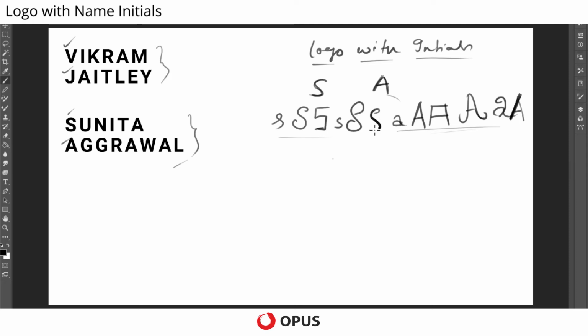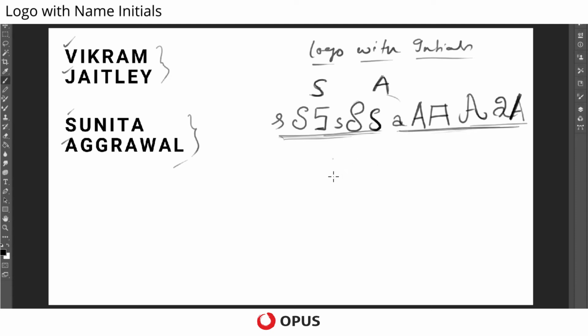These are actually your visual explorations of the number of letters that you can have at your hand, out of which you combine one or two and create a visual in itself. So suppose we look at the structure of the S and the A, so we can combine some of the structures of the A and the S itself.